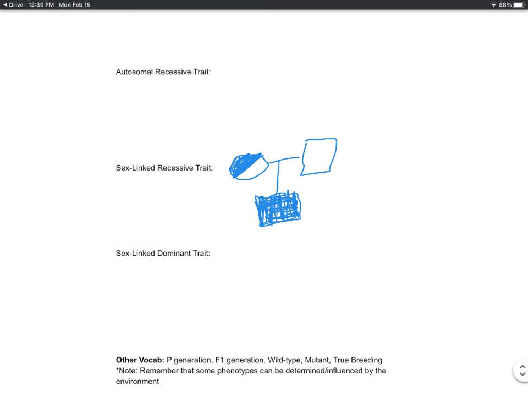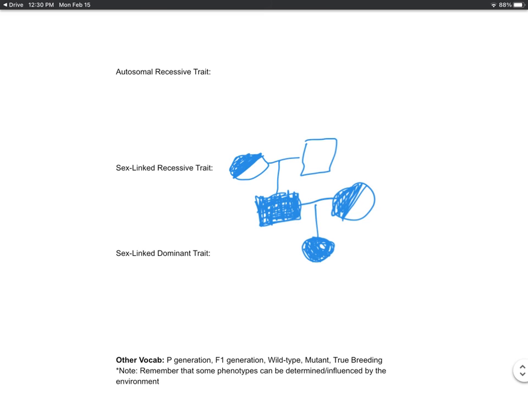And again, we would be looking for much more males having the traits than females, or potentially only males being shown with the trait. And if you have a female with the trait, it would have to be a situation where the father did have the trait. You couldn't have a female who has the trait if the father did not have the trait.